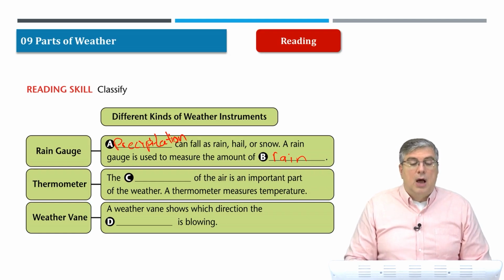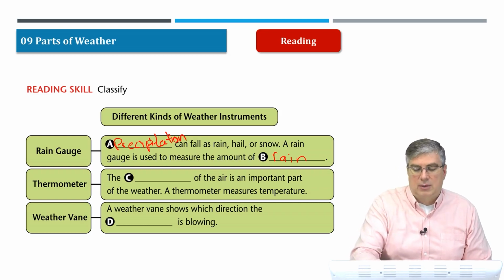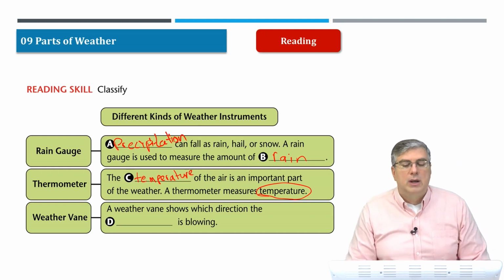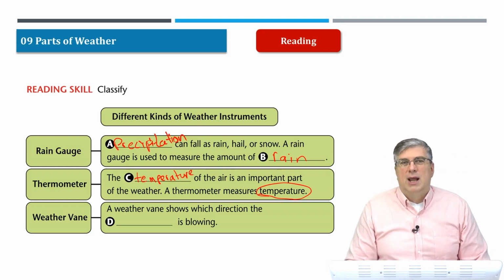Thermometer. The thermometer, what does it do? The blank of the air is an important part of the weather. What do we talk about? The thermometer measures, well, temperature, right here. It's the next sentence, right? So that's actually what we have here. Temperature. Don't pronounce it like that. Temperature. Sometimes when you have a big word, you can overpronounce the syllables.